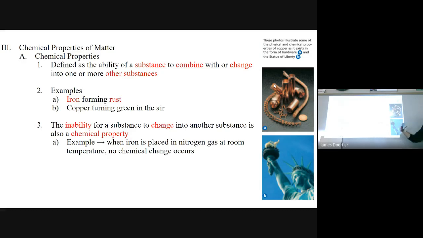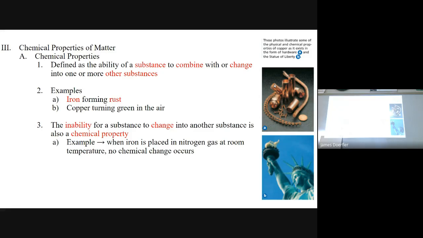Chemical properties are the ability to change. Because when you have a chemical reaction or chemical change, you no longer have the same substance you had before. When iron forms rust, okay, rust is no longer iron. It is now called iron oxide. Completely different substance.